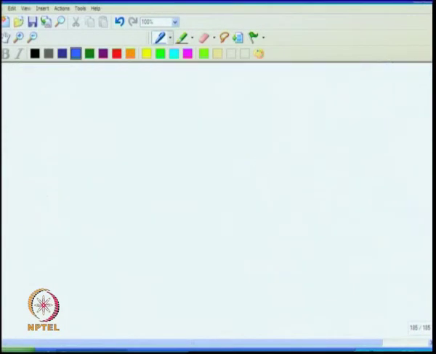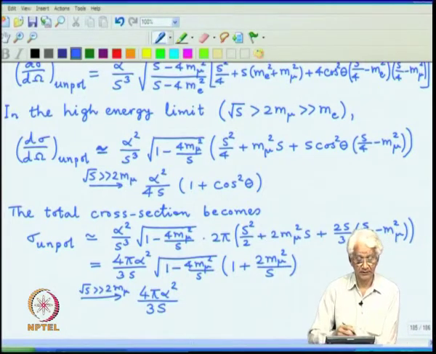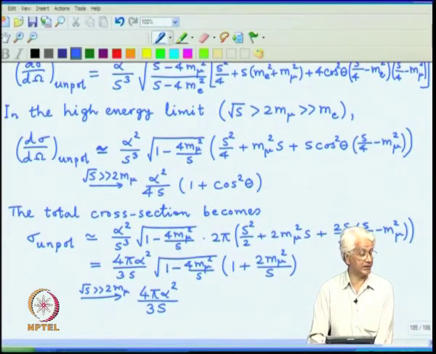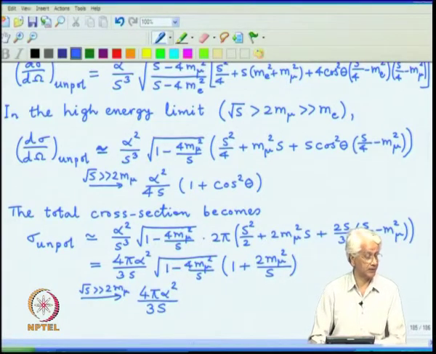What experimentally is observed is not this muon thing, but the same process every time the energy of the E plus E minus collider becomes large enough to produce a new pair of particles.